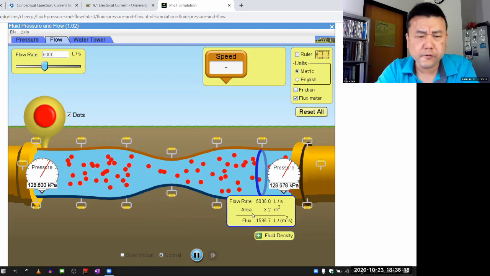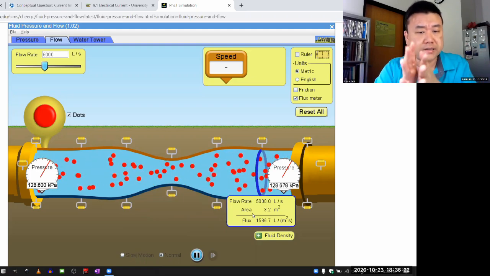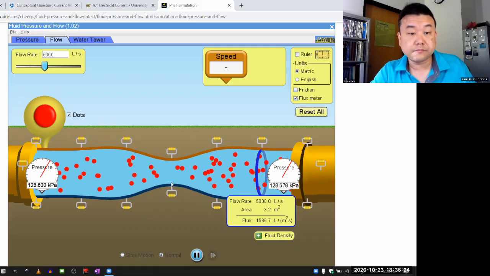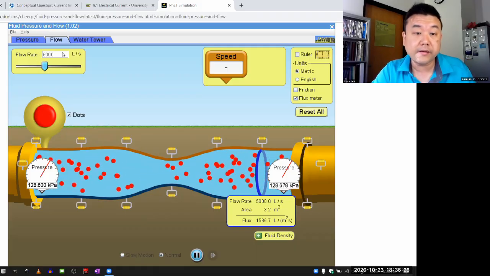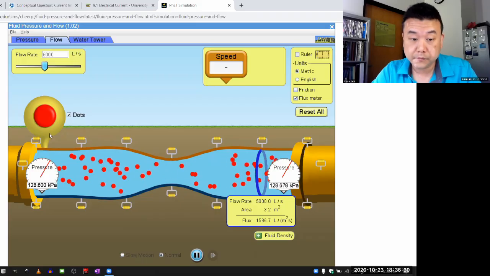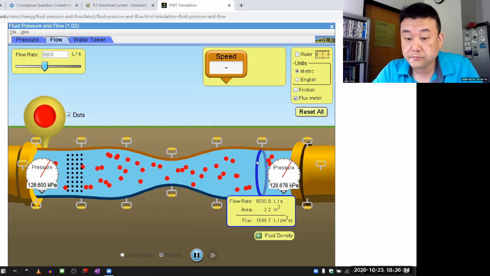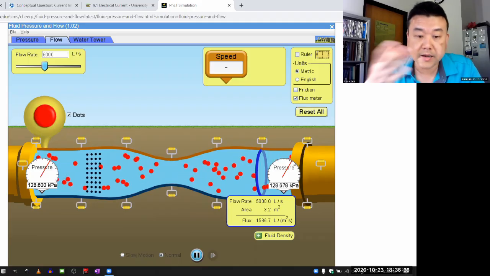And the property of water that's most relevant here is that it's incompressible. So I specify the flow rate in volume per second, and whatever volume of water comes in, that's the same volume that has to leave here every second.